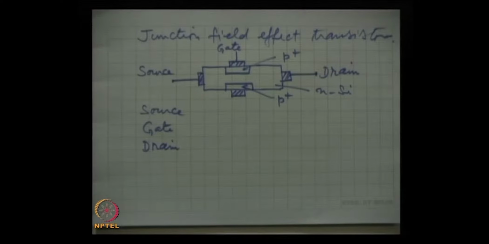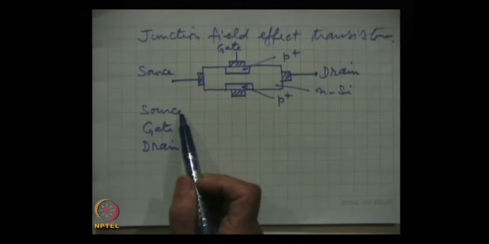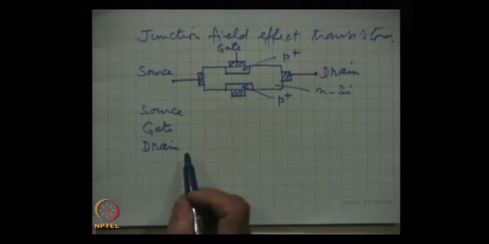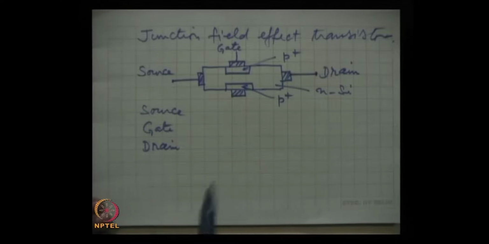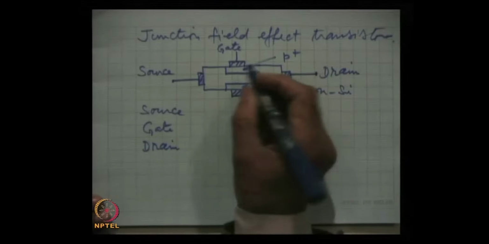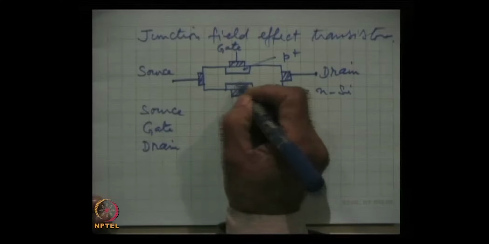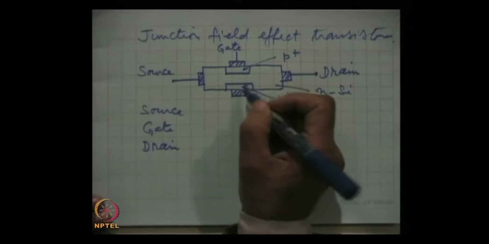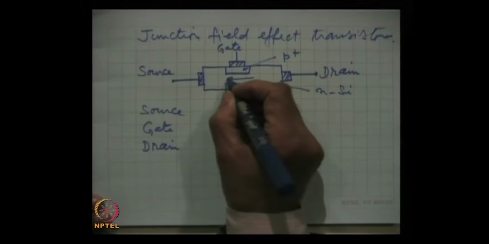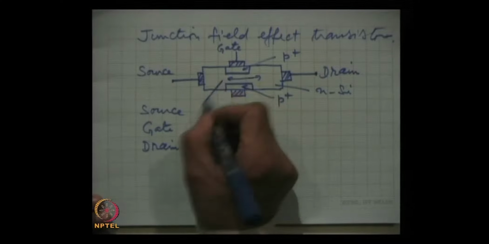Just for the sake of comparison only, source is almost like the emitter, gate is like base and drain is like collector. Now, in between the two gates is called the channel. This is N type channel, N channel.